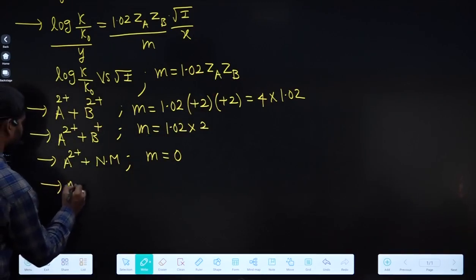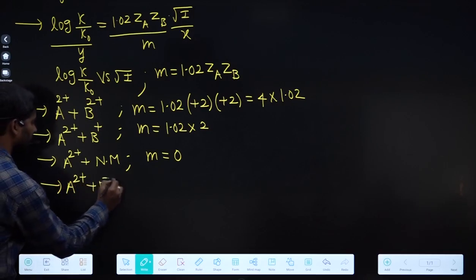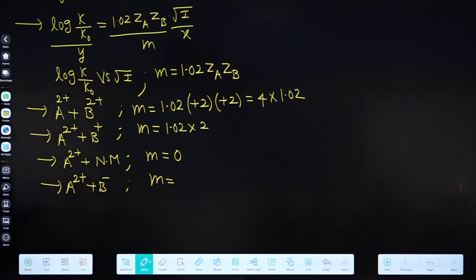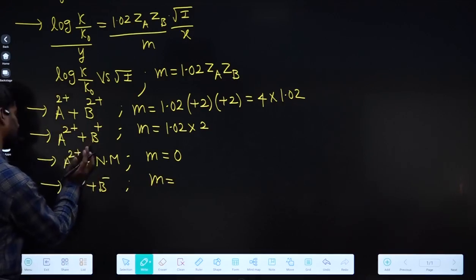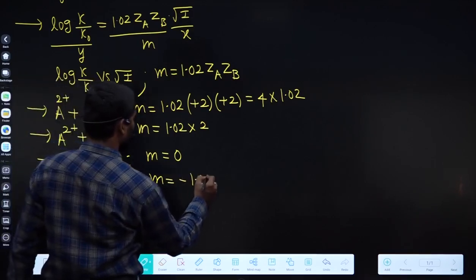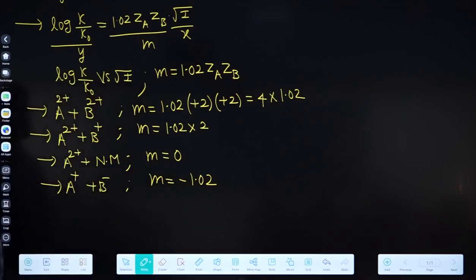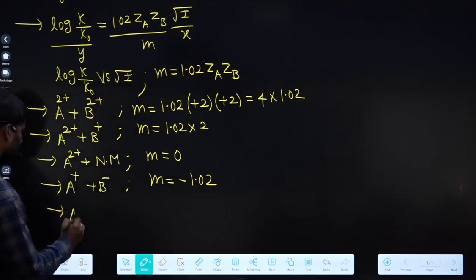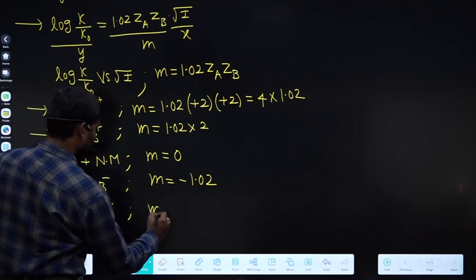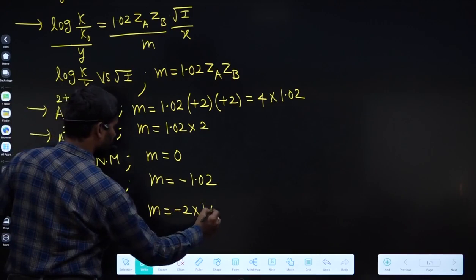For example, I am taking A plus and B minus. What about the slope? Plus 1 into minus 1, so minus 1.02 we will get. For example, A plus and B2 minus, then we will get minus 2 into 1.02.